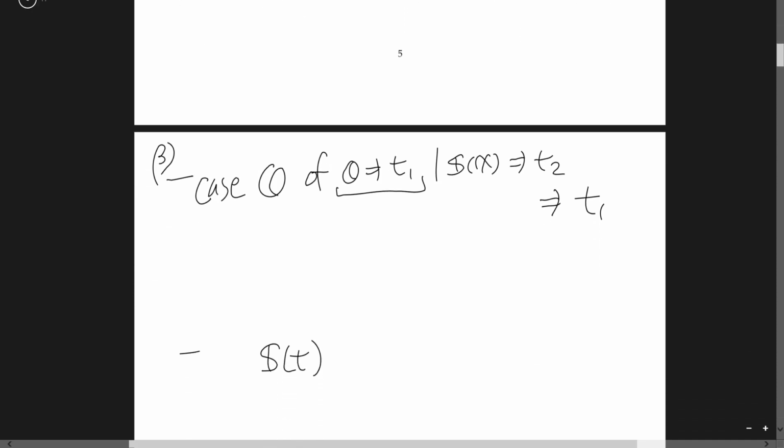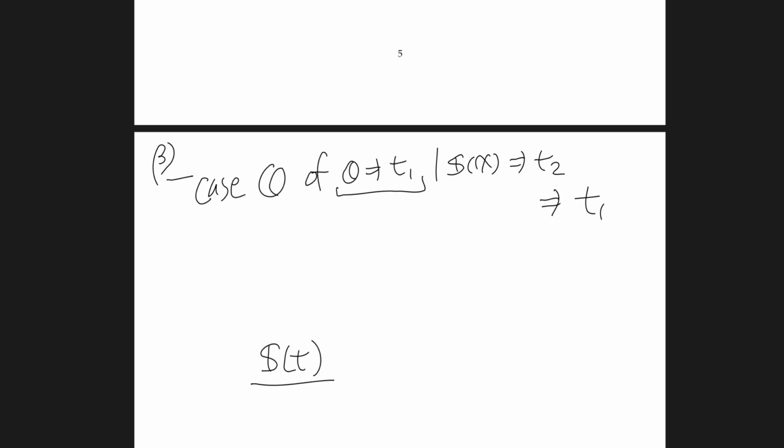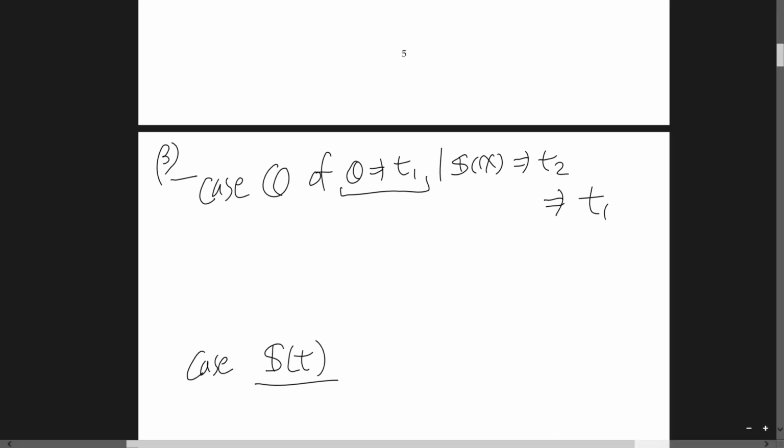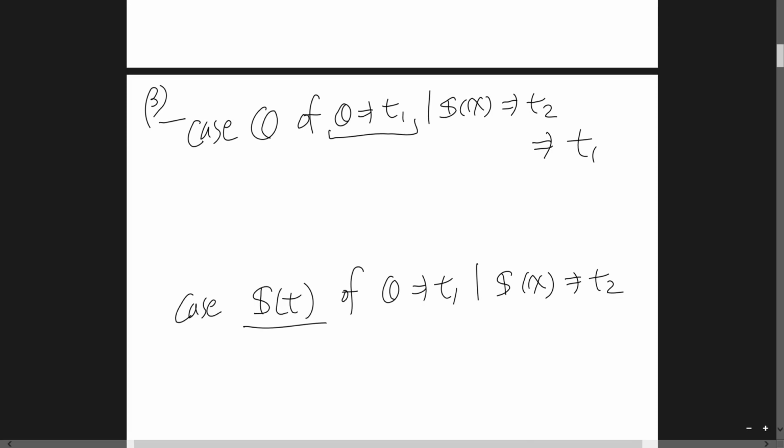And the second one is introduce and then eliminate immediately. So now we have this case construct again, 0 of t1 or successor x of t2. This time, we are basically performing pattern matching here.